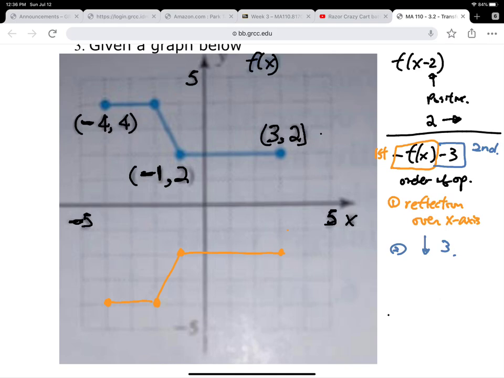So now you have 1, 2, 3. 1, 2, 3. And now at this point you've got 1, 2, 3. I'm going to run out of space.